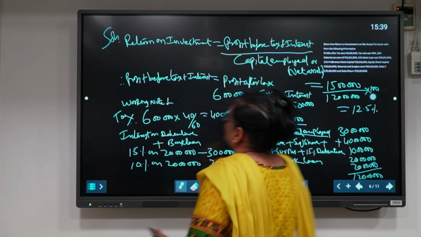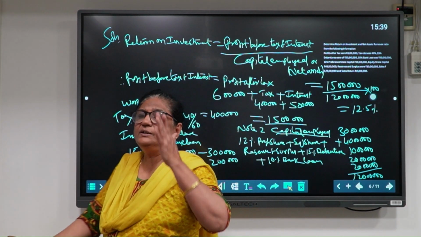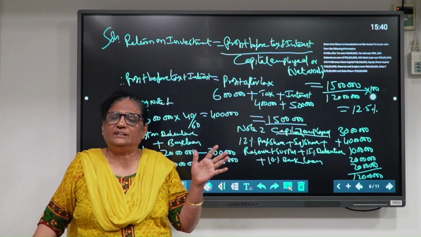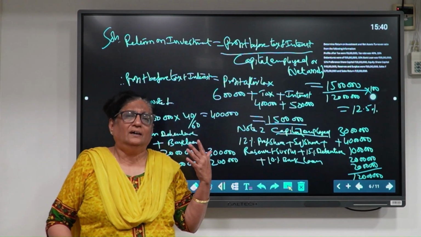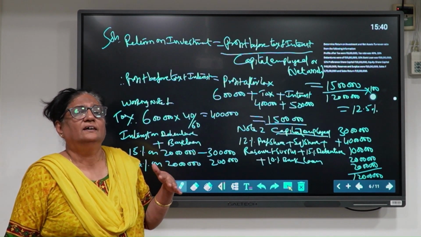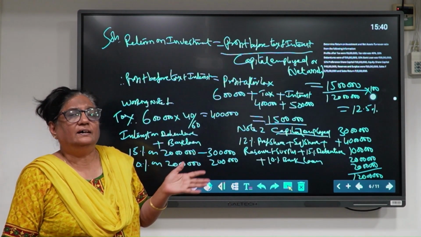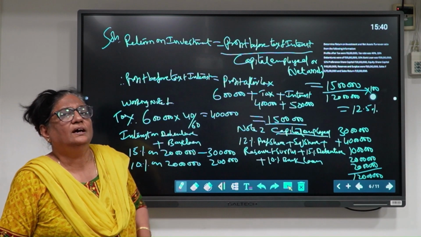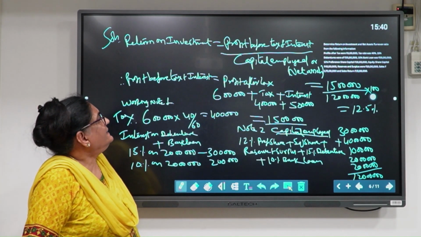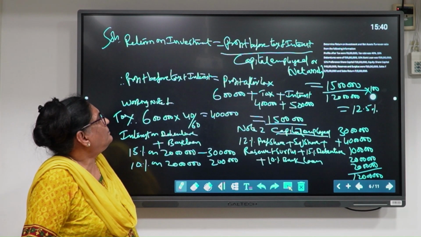Is the problem clear with you? These are all solvency ratios: debt equity ratio, return on investment, return on equity funds, that is shareholders fund. Then you have earning per share, all those are coverage ratios. Return on investment is profit before tax and interest divided by capital employed.